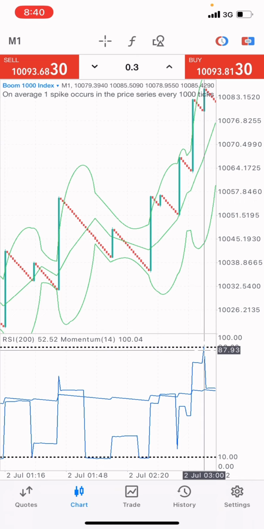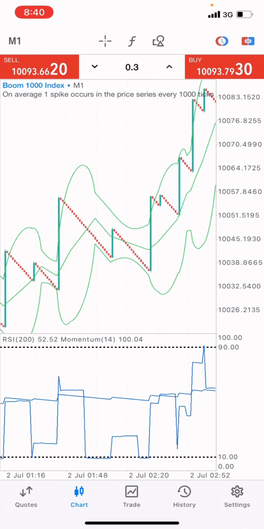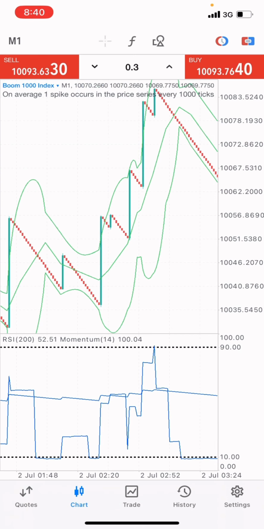When it reaches level 90, you take your 5 candles, 1 2 3 4 5. Then you take your profit, okay?